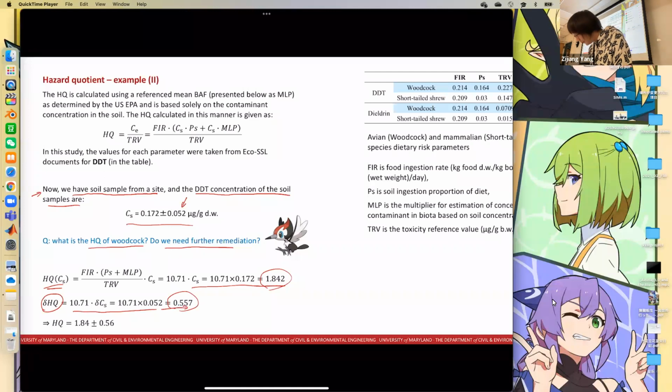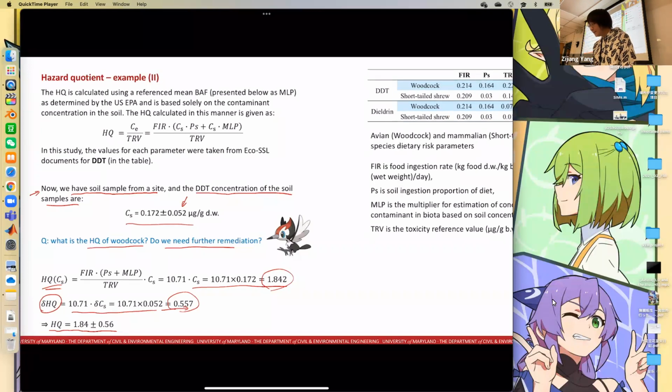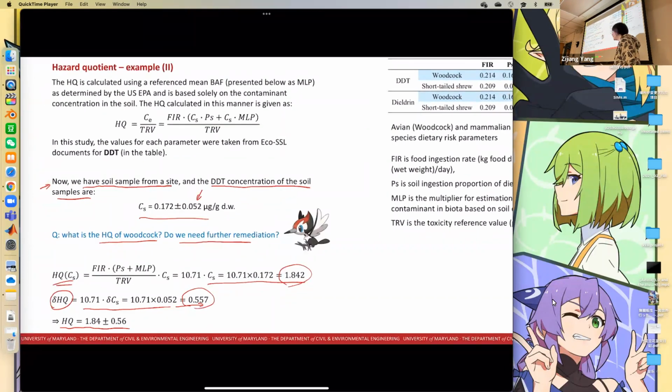So as a summary, HQ equals this value. In this case, because the HQ has some uncertainties, it is a little bit harder to say if this value is greater than 1 or smaller than 1. And sometimes we can use a t-test to do this if we have the sample size of the soil.